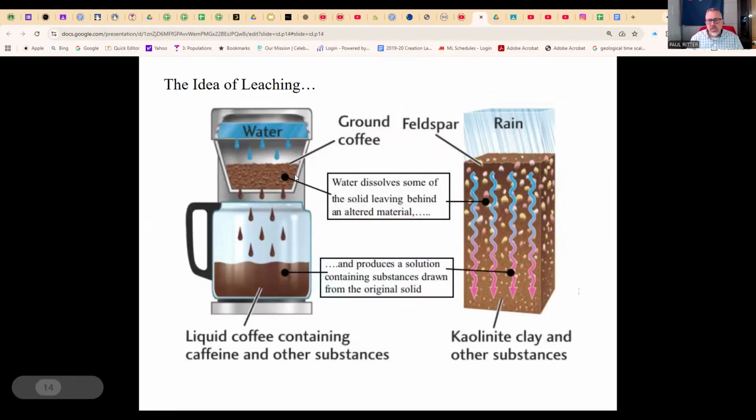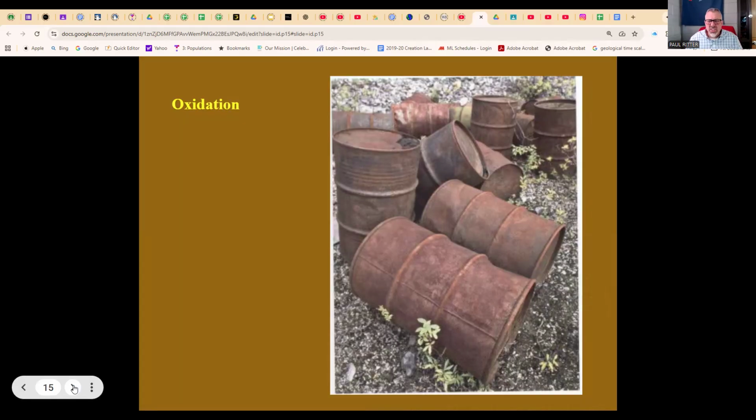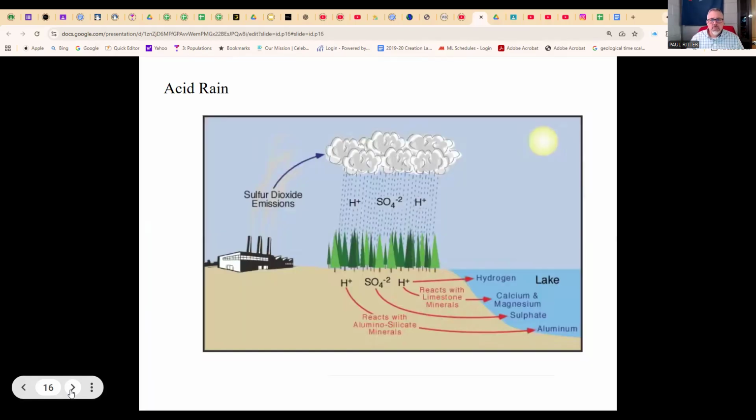Here's that leaching again that I talked about. If it rains, those materials leach down and form clay because those minerals leached out of the soil. Oxidation, I think, is pretty straightforward. Rust, right? We talked about acid rain, sulfur dioxide, sulfur trioxides.